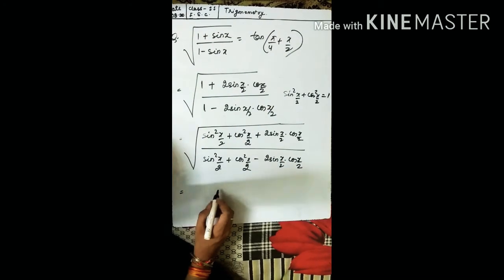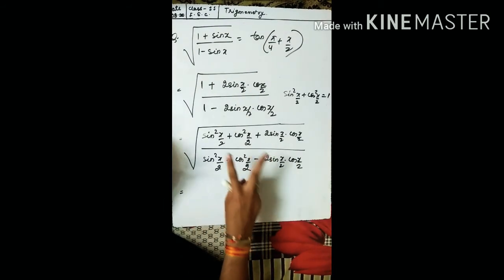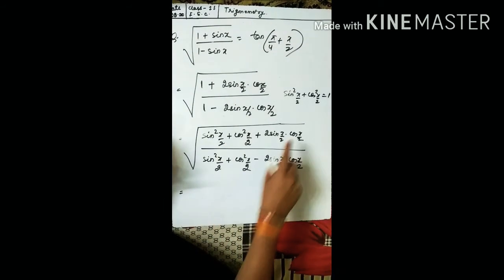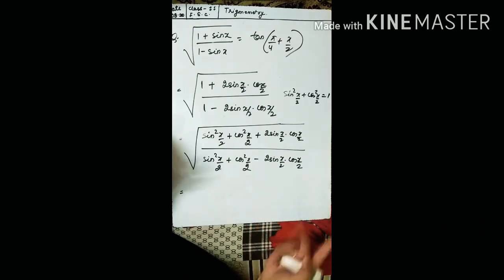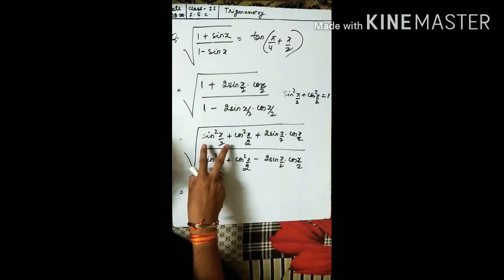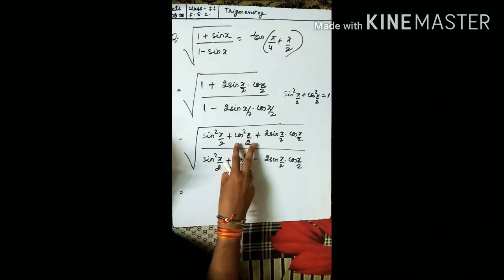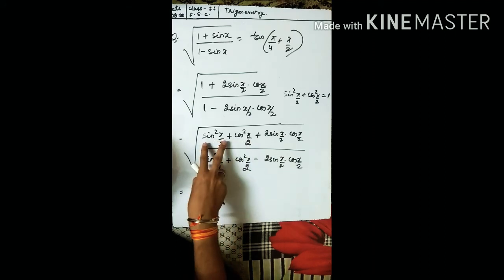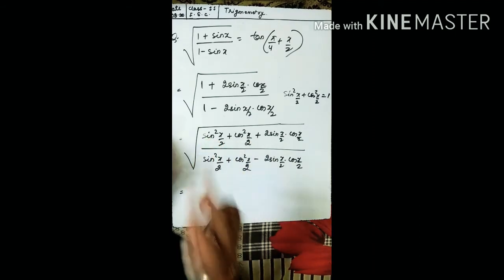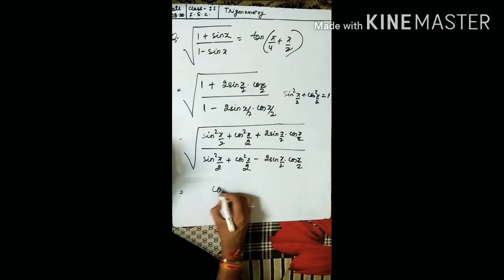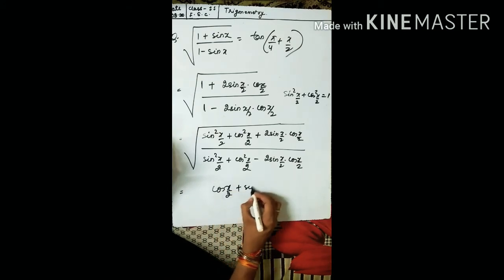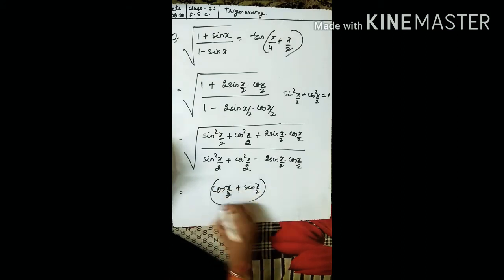Okay, now if you see the numerator, isn't this looking like the a plus b whole square identity, where a can be cos x by 2 and b can be sin x by 2? If you expand cos x by 2 plus sin x by 2 the whole square, what will you get?